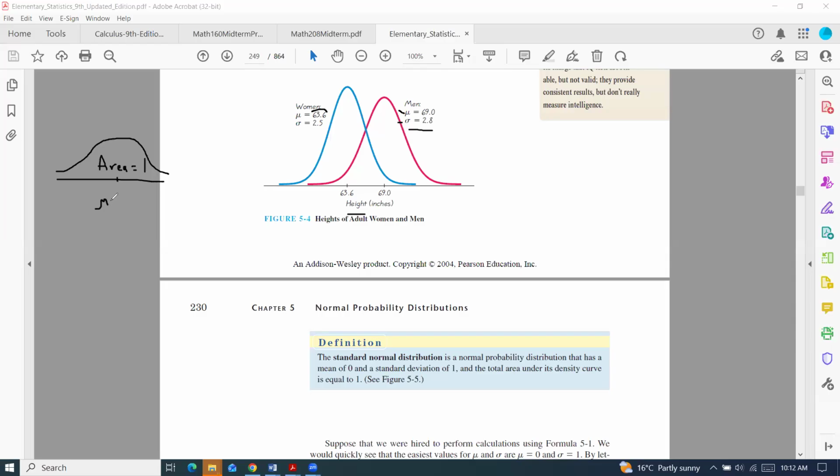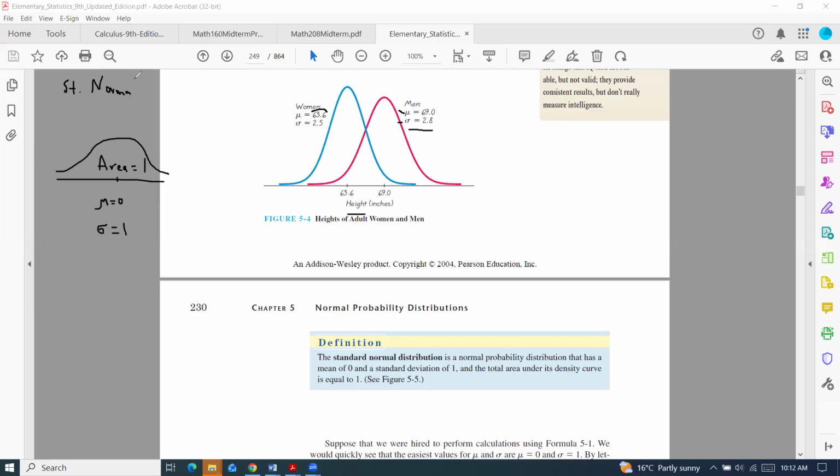the standard normal distribution. It is special, or standard, because its mean is 0 and its standard deviation is equal to 1. Turns out that once we get information about the standard normal distribution, then we can convert it to any normal distribution whatsoever.